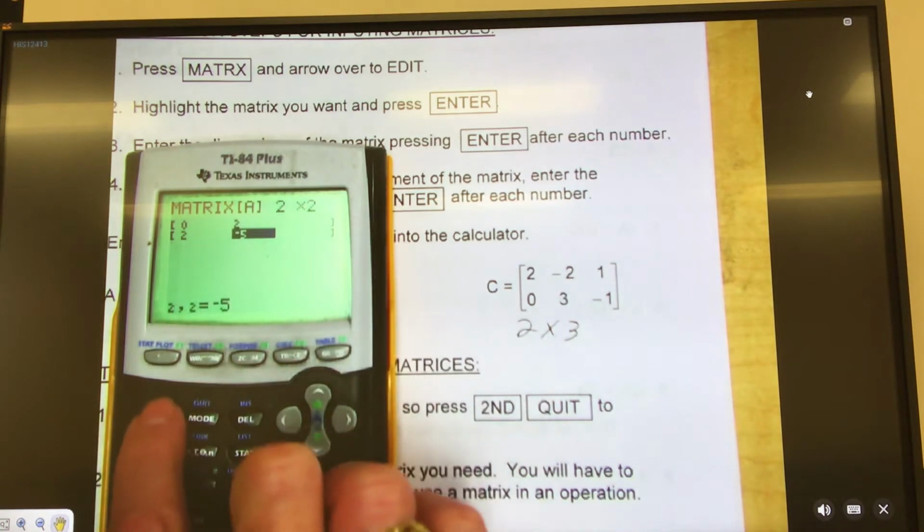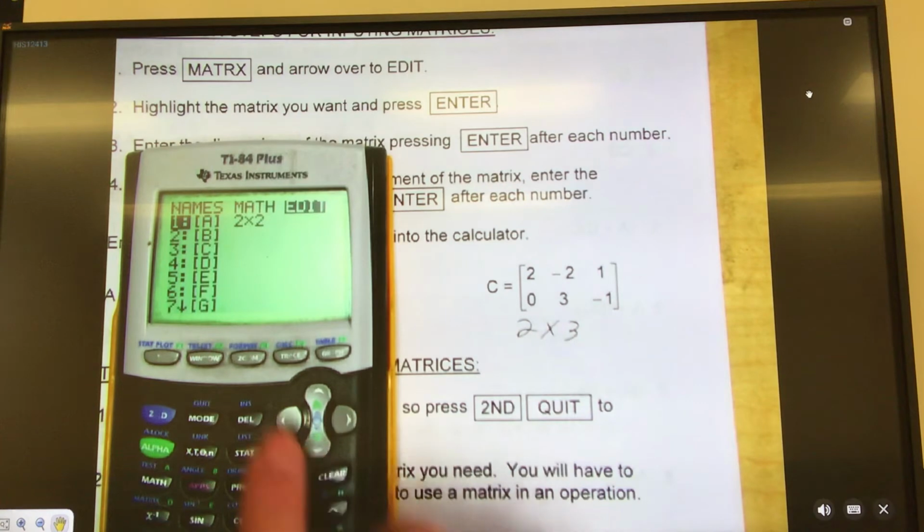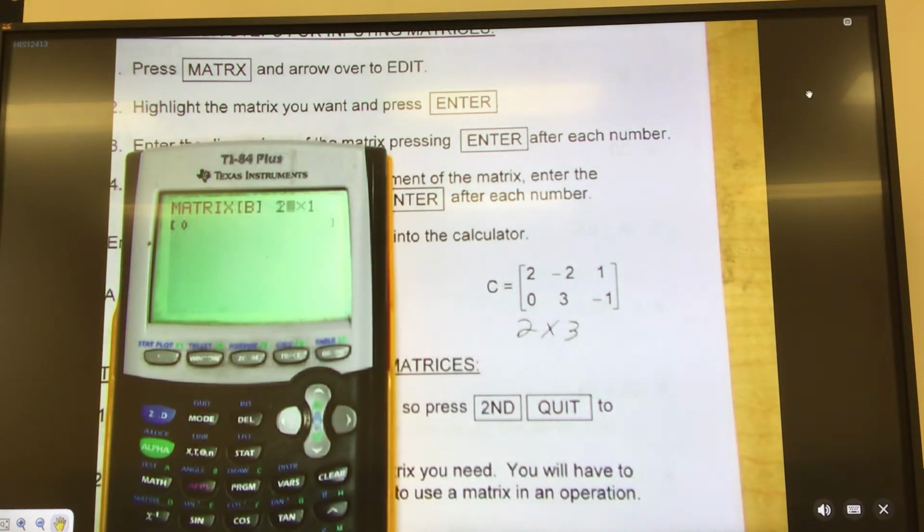So I'm going to hit second matrix again, go over to edit, and I'm going to hit the number 2 because that's my matrix B. It is also a 2 by 2. We already labeled it. We go down, we fill in our numbers from our notes. -1, enter, 3, enter, -2, enter, and 4, enter.